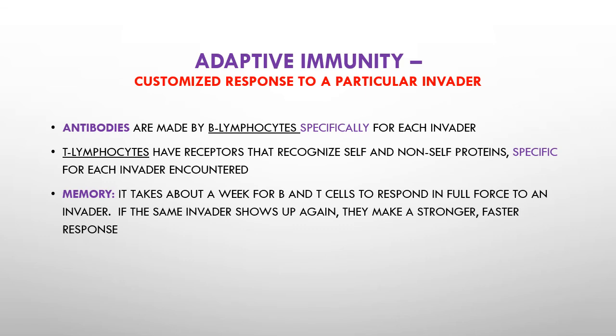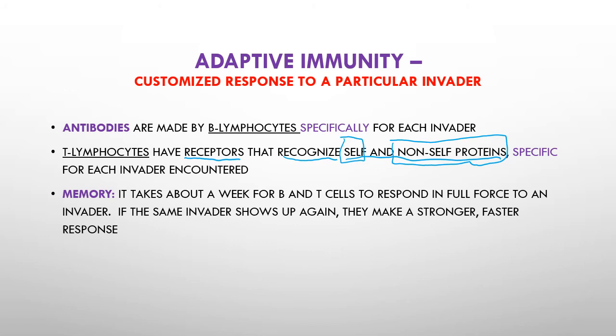On our lymphocytes, they have special receptors that recognize the difference between self and non-self. If you remember back all the way to cells, on the surface of cells we have essentially kind of like a name tag. That name tag tells us that it is either a non-self protein or a self protein.